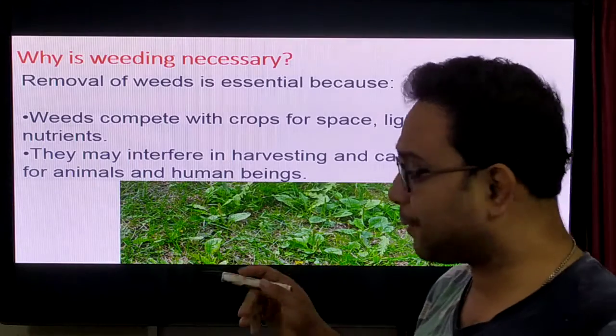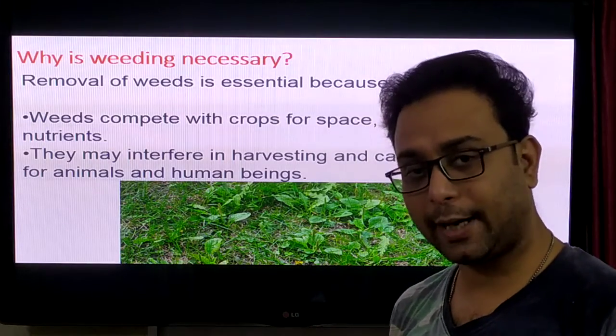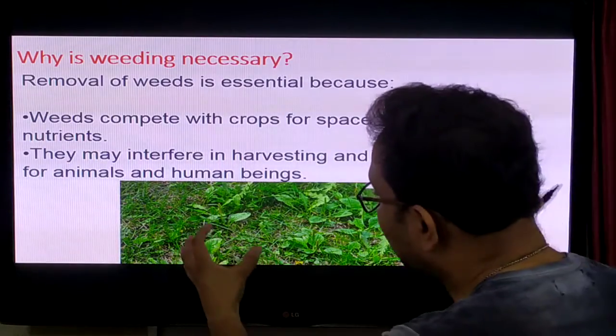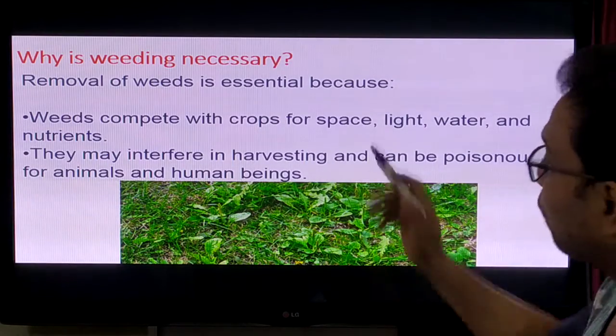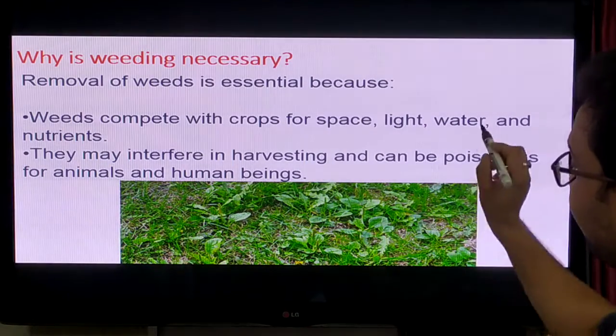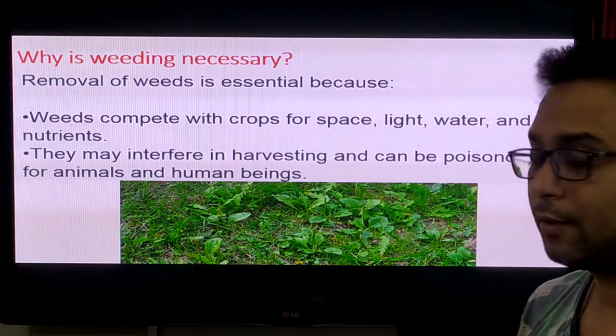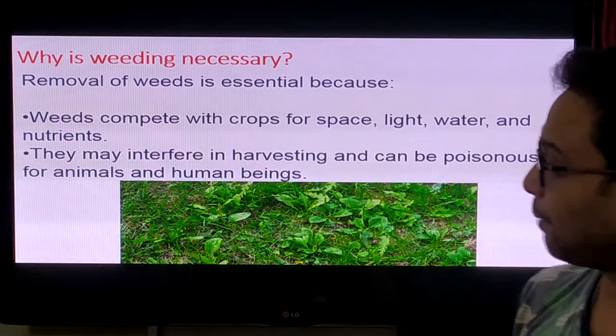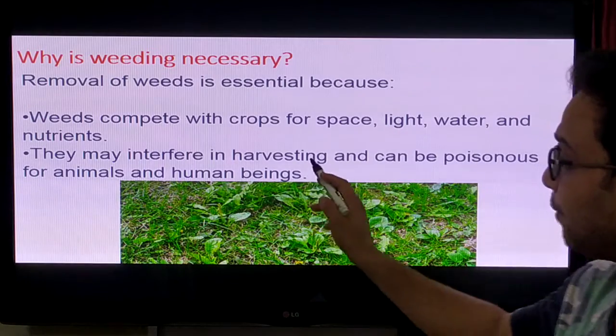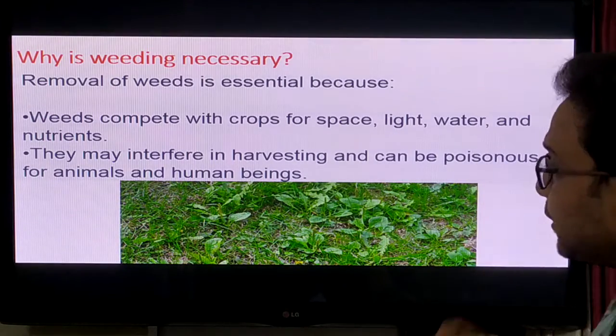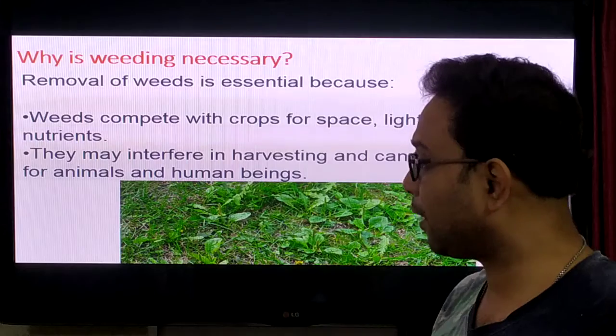These 2 plants are present in the same field, so they compete with each other for space, light, water and nutrients, which is not desirable. Next, they may interfere in harvesting and can be poisonous for animals and human beings.